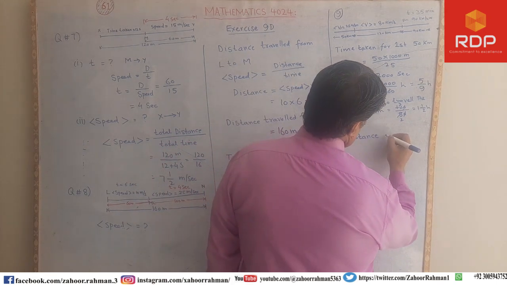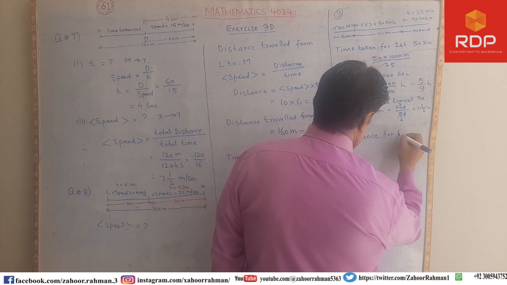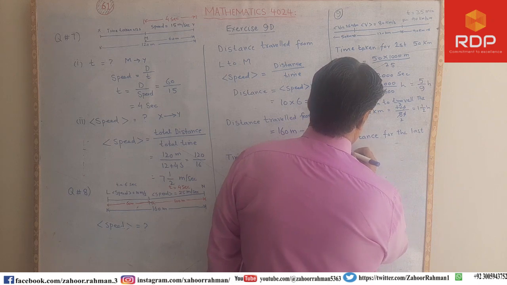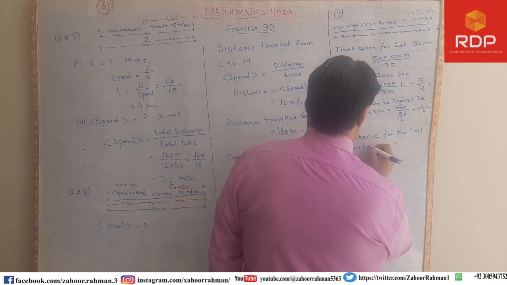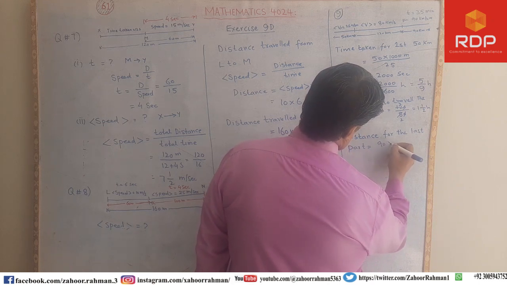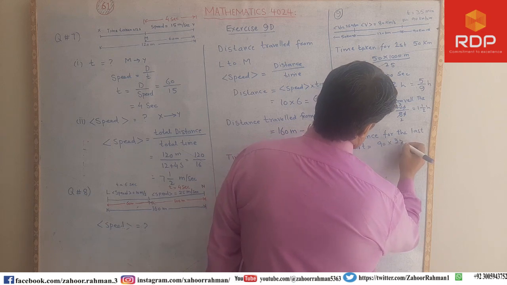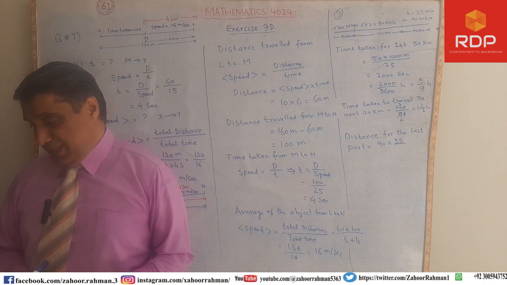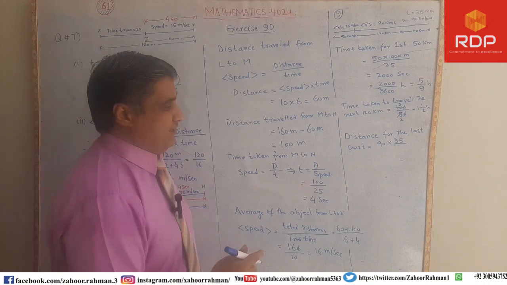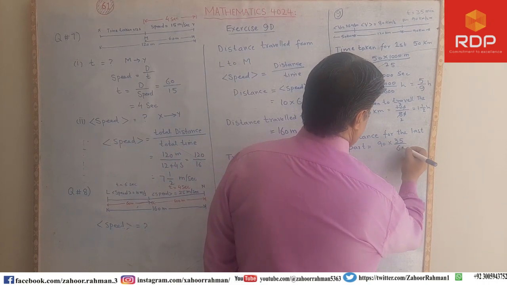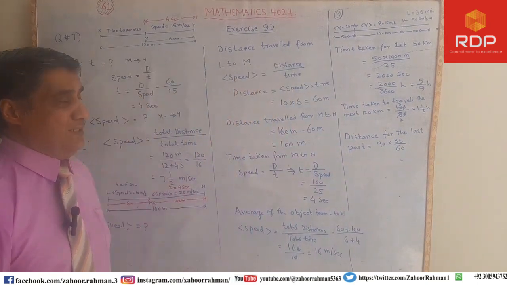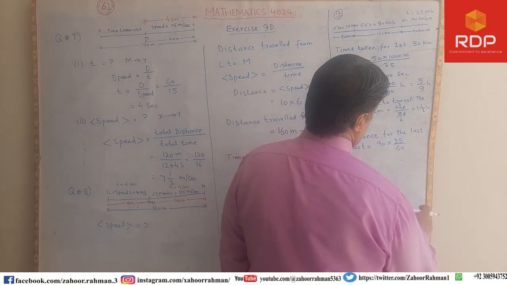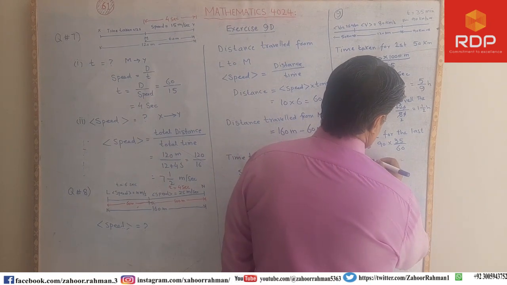Distance for the last part is equal to 90 into 35 divided by 60, because it is 35 minutes, and that will be in kilometer.